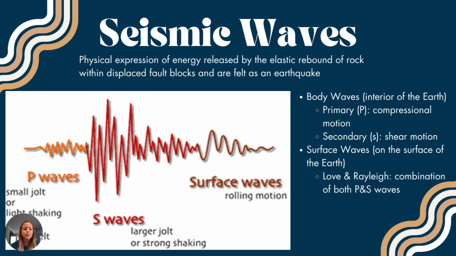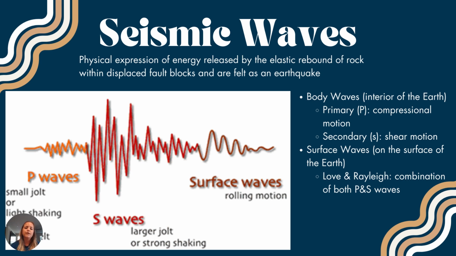When we look at seismic waves, these are waves that move through a body of rock, through the crust, that are released when the fault ruptures. We can pick these up on machines and get something like this seismogram here that shows us where all the waves are. We have body waves and we have surface waves. Body waves are the interior waves that usually arrive at a seismic station first.